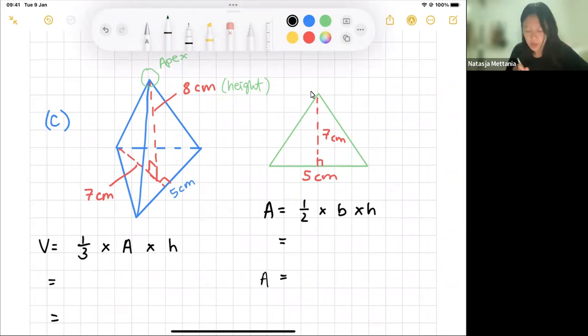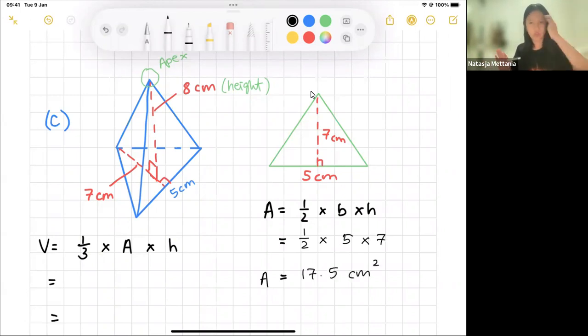That's our area formula. So half times my base, which is 5, times 7, right? And I should get the answer as 17.5 centimeters squared. Centimeters squared, we're finding the area first, not the volume.